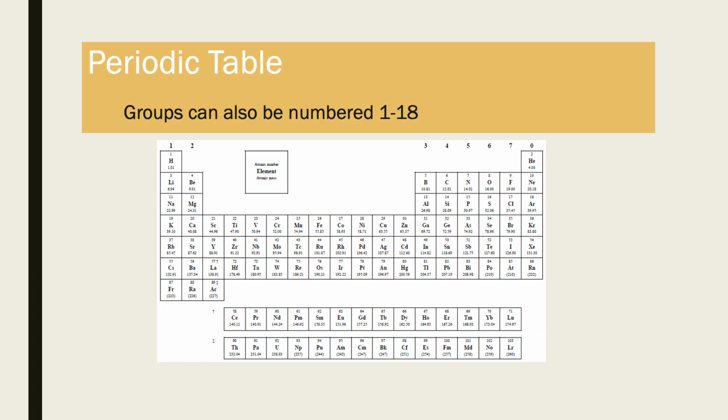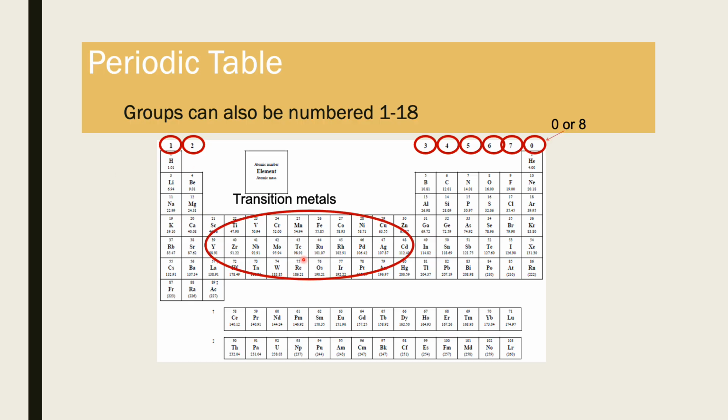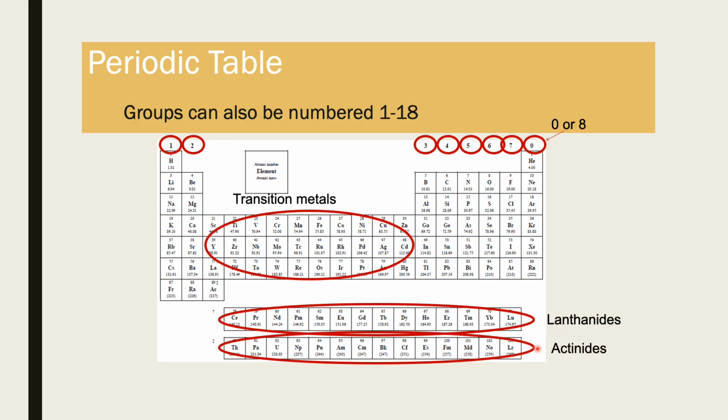This is an example of how a periodic table is numbered. This one that you're looking at happens to go group 1, group 2, group 3, 4, 5, 6, 7, and then your noble gases are 0 or 8. And then you have your transition elements down here. You've got lanthanide here and then actinide here.